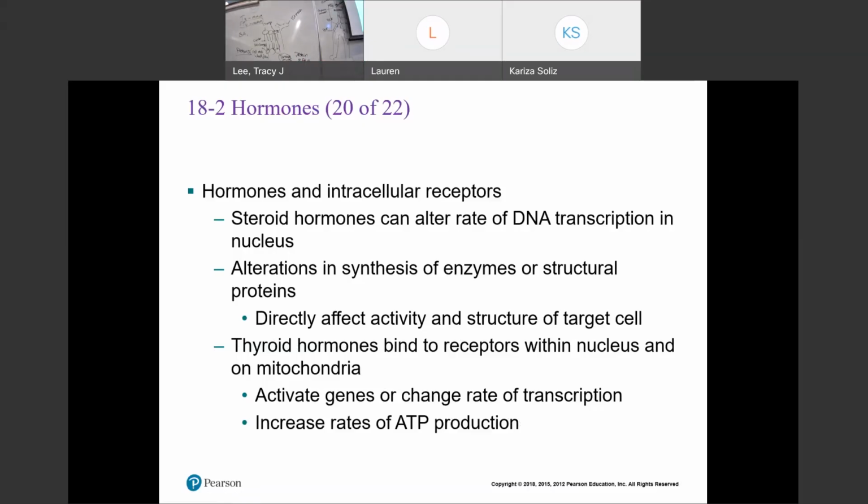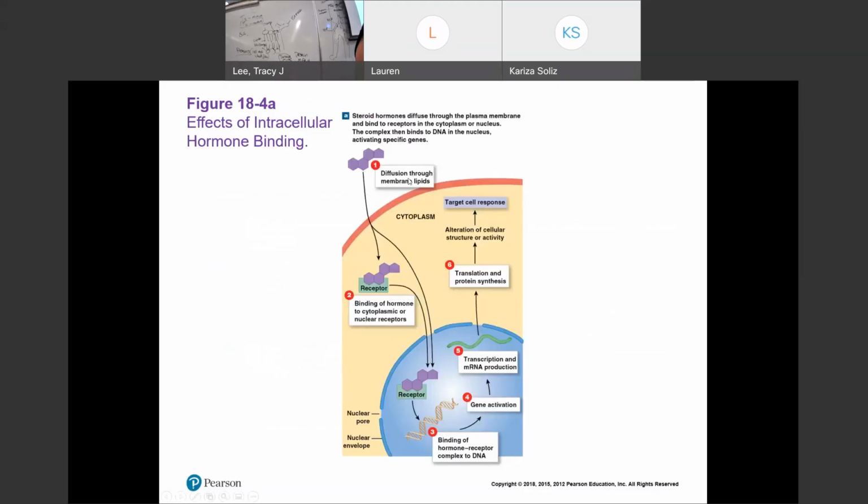Transcription is when we're copying our code from DNA to turn it into a protein. So basically, we are altering the rate of protein synthesis. And this shows an example. Here comes our hormone. It diffuses right through the cell membrane and attaches to a receptor.